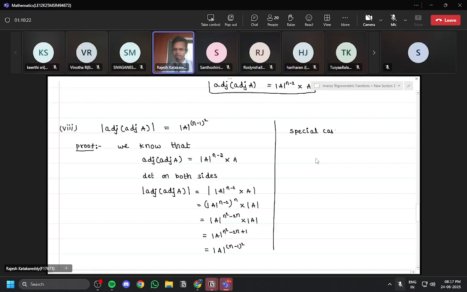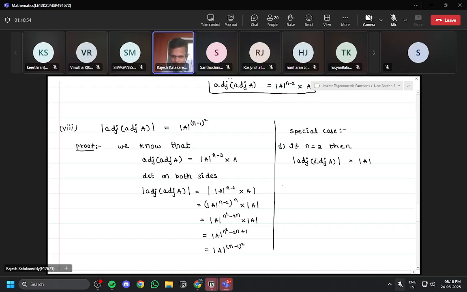In the special case, if n is equal to 2, then determinant of adjoint of A will be equal to 2 minus 1 is 1 only, that is det A you will get. However many times you write adjoint for an order 2 matrix, you will get determinant of A only.